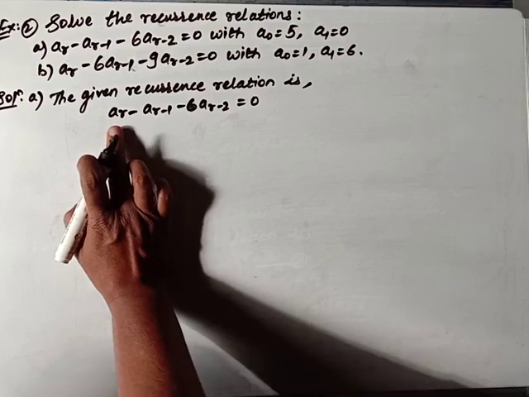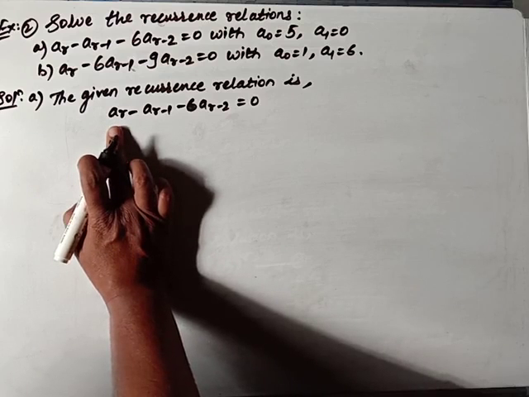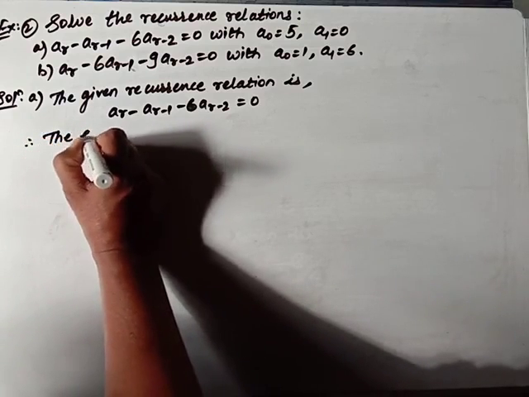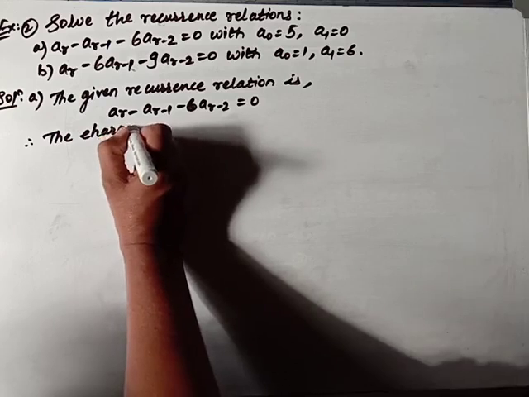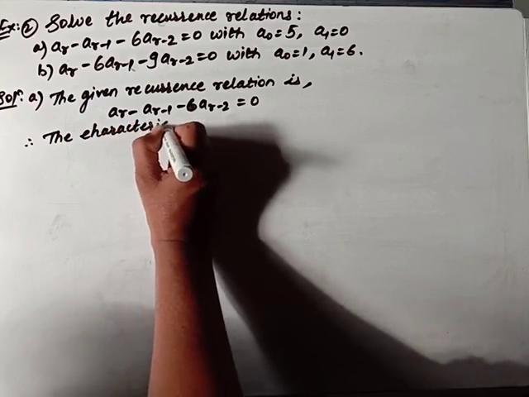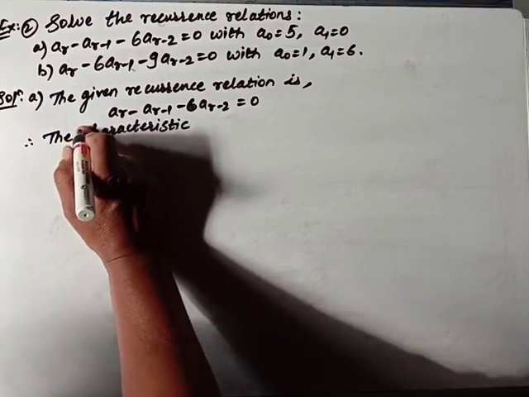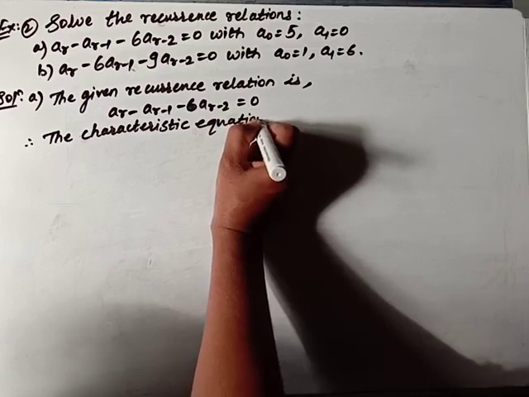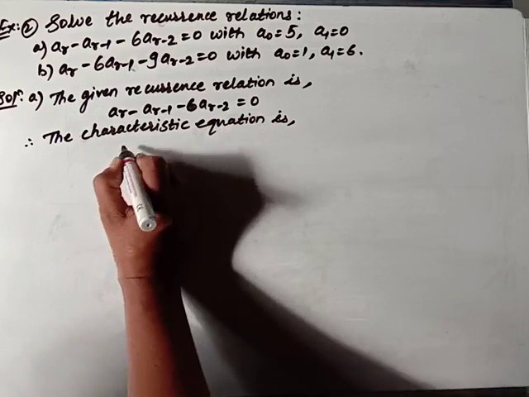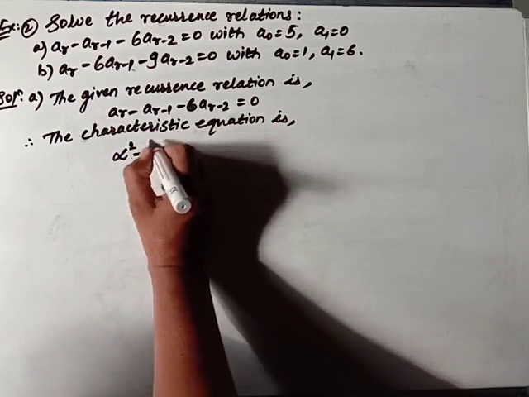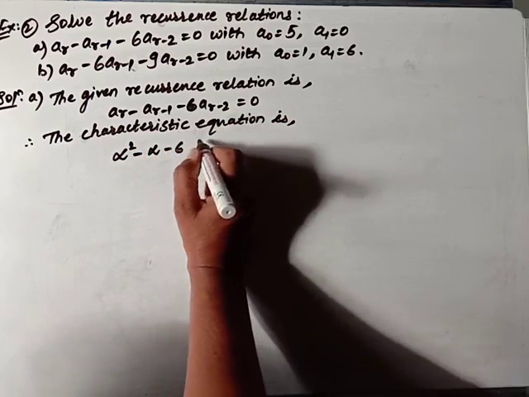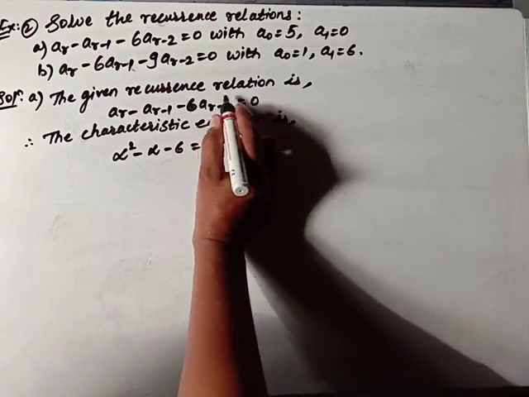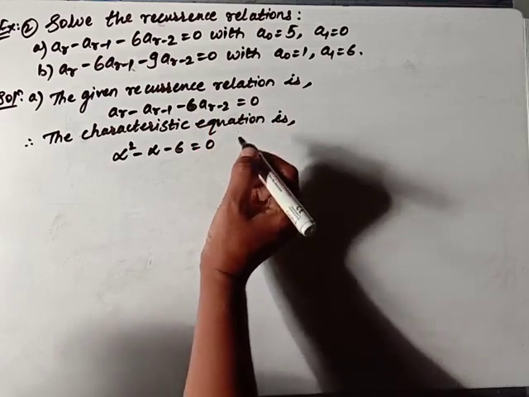So the characteristic root we will write as alpha raised to 2. Therefore, the characteristic equation is alpha squared minus alpha minus 6 equal to 0. While taking this as k, we will skip this term, and this term will become alpha raised to 0, that is 1.